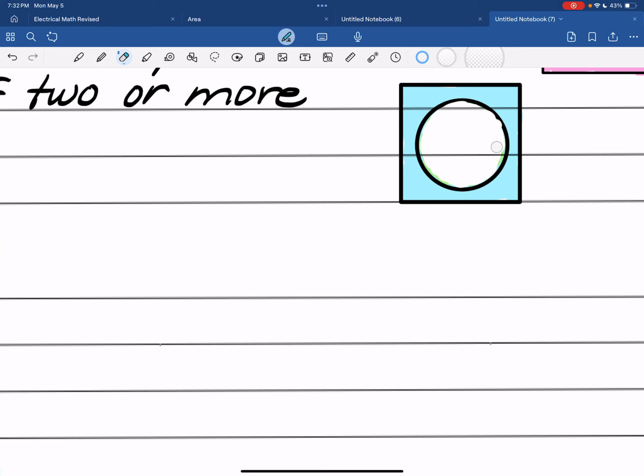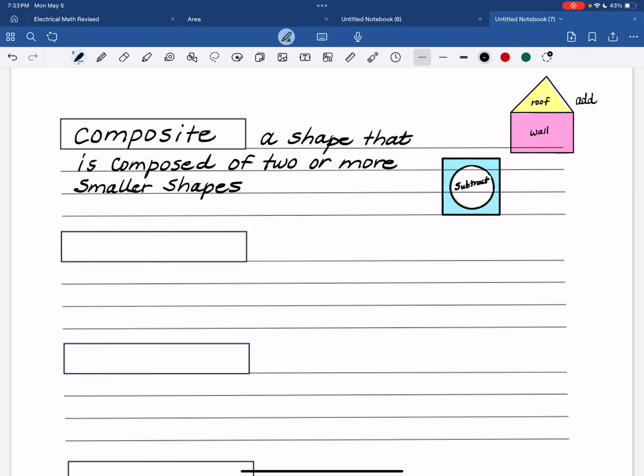Now, depending on the way the question's worded, but you will always look at this like a bite's gone out of it. So this would be a problem where you would have to find the area of the block and the area of the circle and find the difference between those two. So with composites, you're going to have to either add or subtract in most cases.